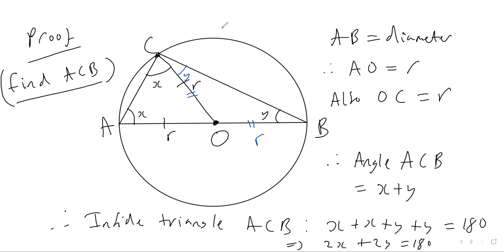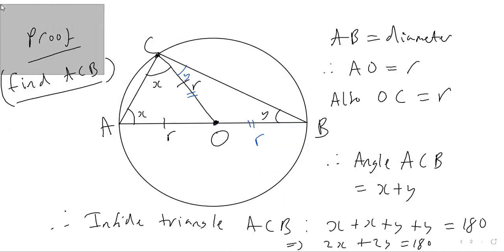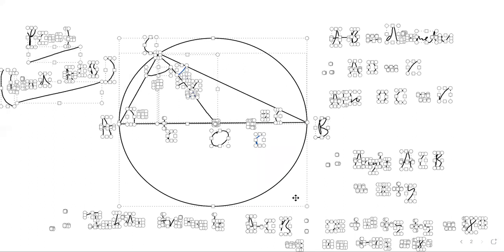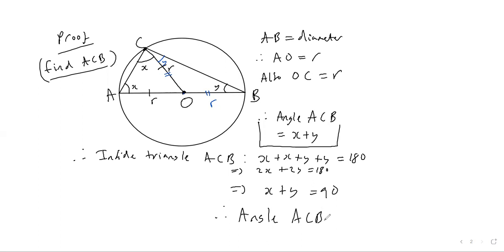If we divide both sides of the equation by 2, that tells us x plus y equals 90. But x plus y is also equal to angle ACB, so therefore angle ACB must be 90 degrees, and we've done the proof.